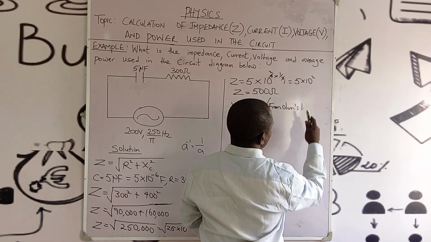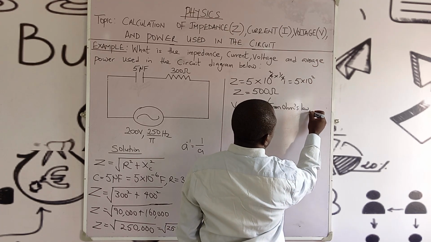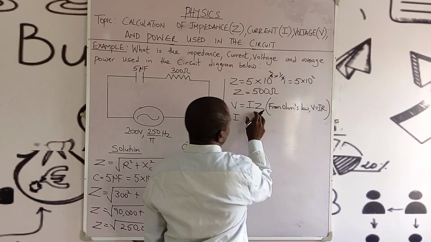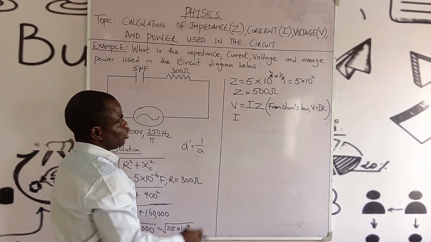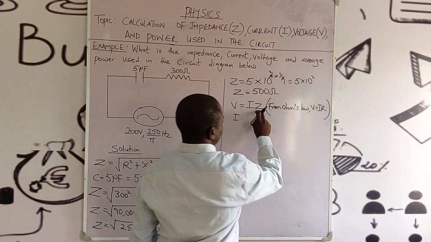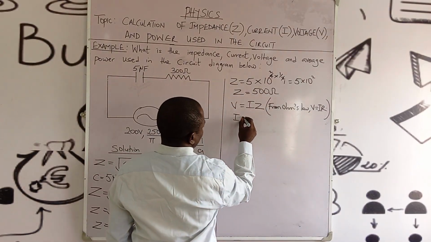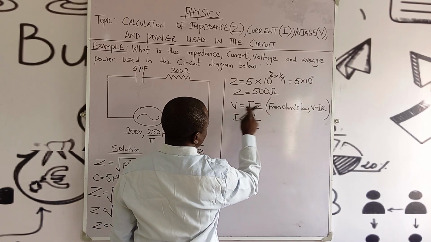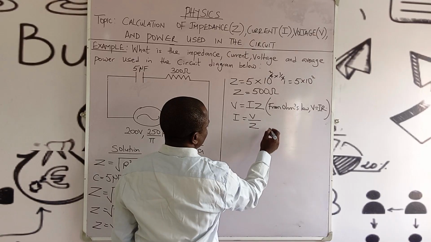From Ohm's law, you know that we have V equals IR. But since we are dealing with overall opposition to the flow of current, you change your resistance to the impedance. Now, making I the subject of the formula, divide both sides by Z, you have I equals V over Z.